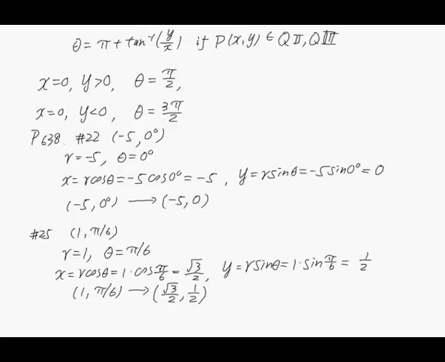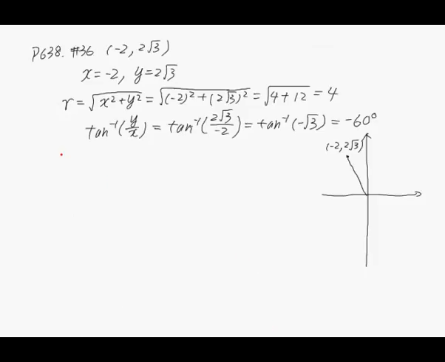And by this formula, we know if the point is in quadrant 2 or quadrant 3, then you need to add pi to this tangent inverse of y over x, right? So now theta should be equal to 180 degrees, which is the same as pi, plus this tangent inverse of y over x.